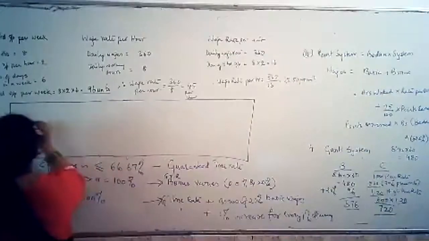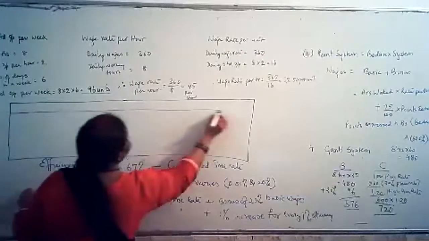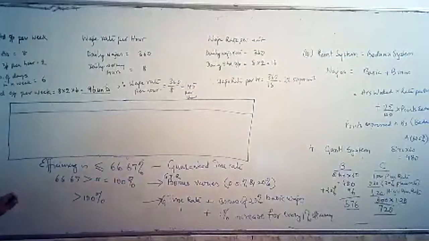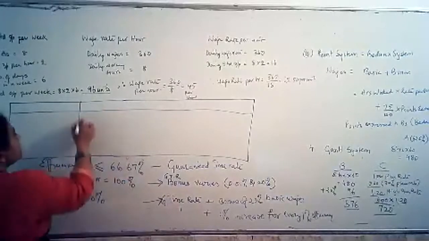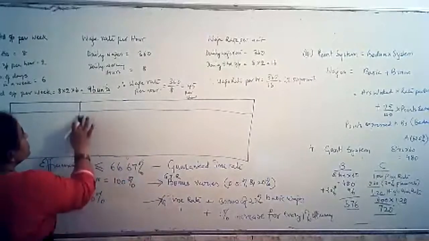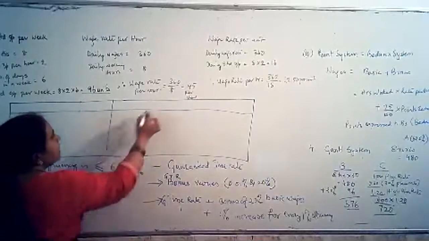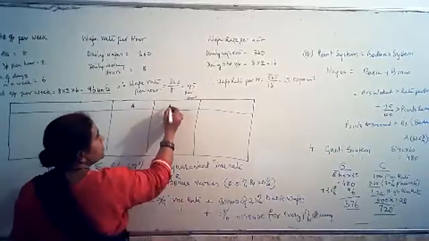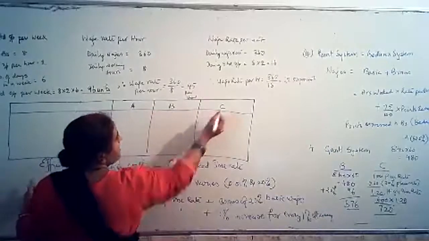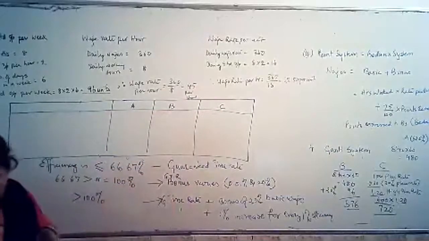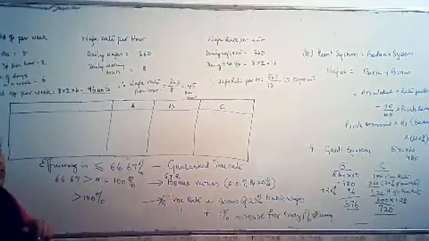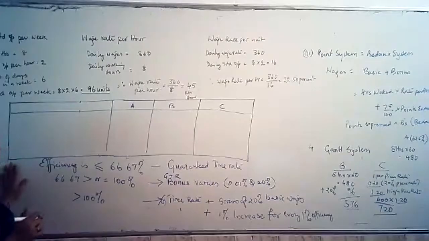There are 3 people here, so I will have 3 columns other than the first working. This is A in Mahi Sports, B is working in Virat Sports, and the last person C is working in Shikhar Sports.